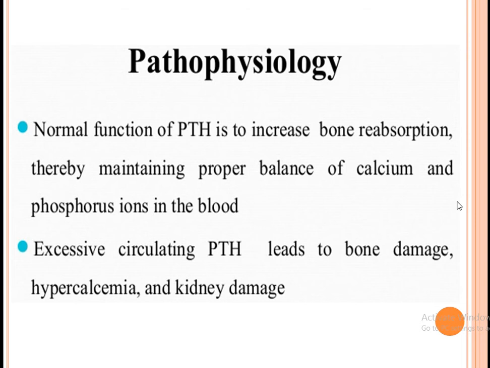Normal function of the parathyroid hormone, as we know, increases bone reabsorption, thereby maintaining proper balance of calcium and phosphorus in the blood. But when it exceeds its limits, bone damage, hypercalcemia, and kidney damage can occur.